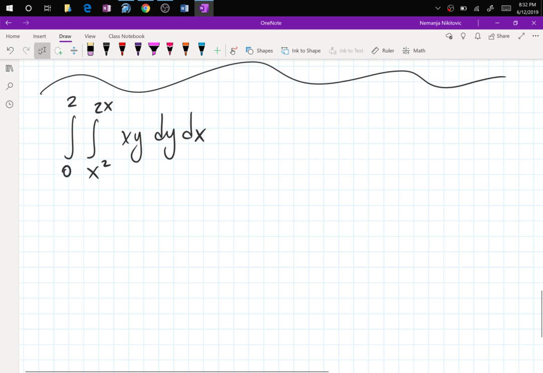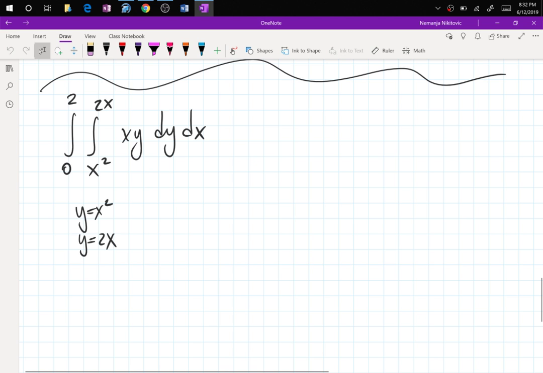So, when I look at these limits, I see two functions. Graph them. There is a function y equal x squared. There is a function y equal 2x. That should be a joke for you to graph. So, we draw the xy plane, and then the easy one to graph obviously is the linear line, the slope 2, and then we have the parabola.